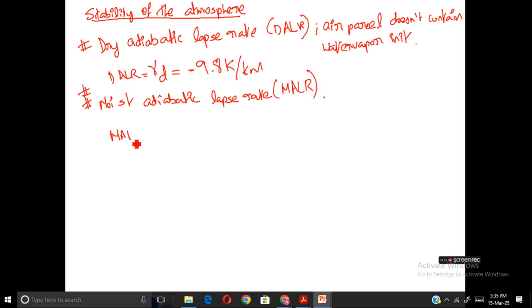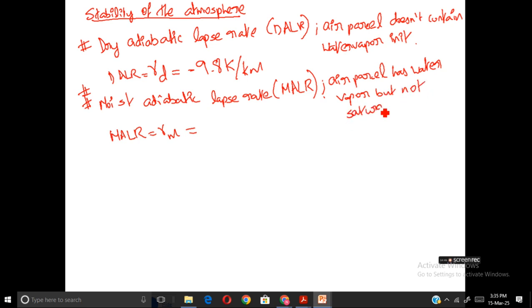In this case, the air parcel has water vapor in it. MALR is given by gamma D into 1 minus 0.9 into R Kelvin per kilometer, where R is the mixing ratio of the parcel.